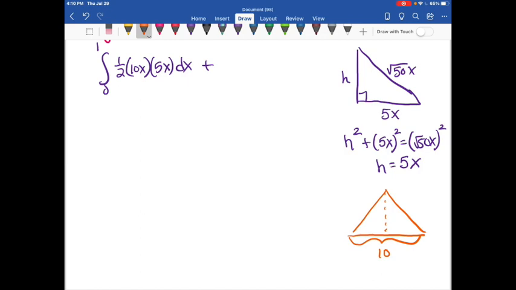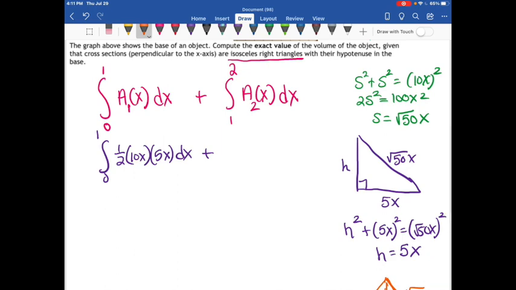Using the same exact procedure, you're going to find that this side here is the square root of 50, and that the height is going to be 5. So for the second cross section, you're going to have the integral from 1 to 2. The area of the cross section for the second part is 1/2 times the base times the height dx.